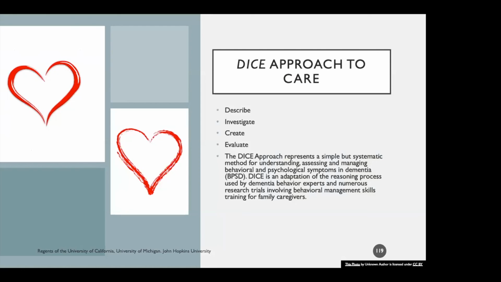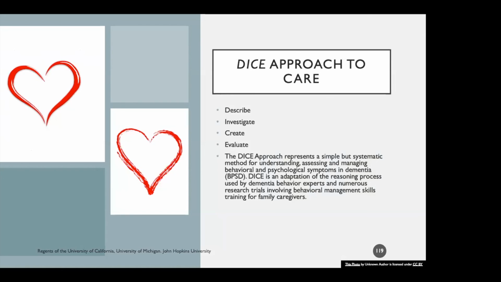Next slide, I'm also advocating for this approach called the DICE approach. It comes out of Johns Hopkins and California and Michigan, where they developed this tool. DICE stands for describe, investigate, create, evaluate. For all of you who send reports for challenging behaviors, this is a very good tool to use and develop.